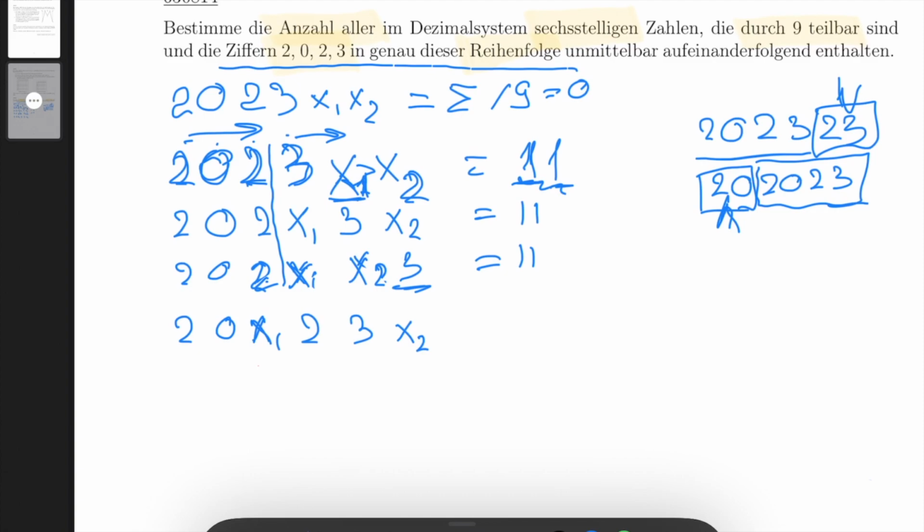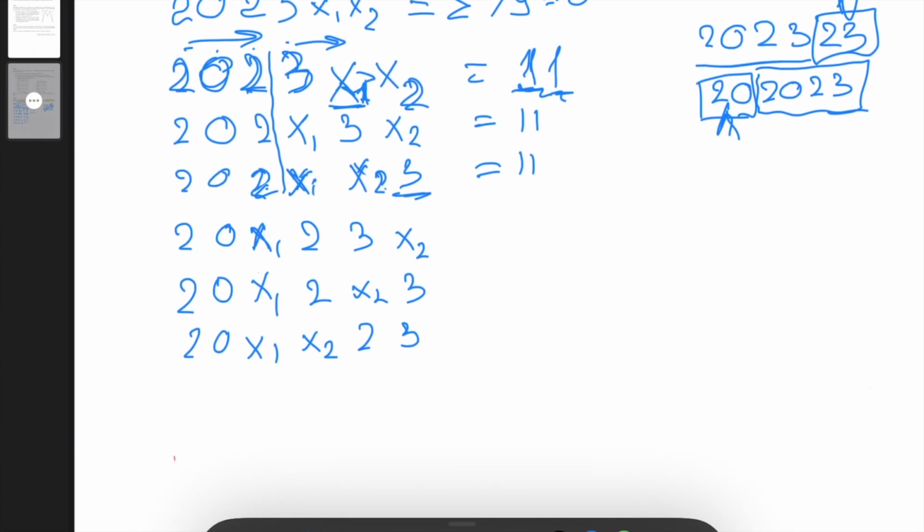Okay, so here we remember 1, 2, 3. We can check the same exchanges, combinations. So it should be like 2, 3, and then 2, x1, x2, 2, 3. Here we have three combinations.